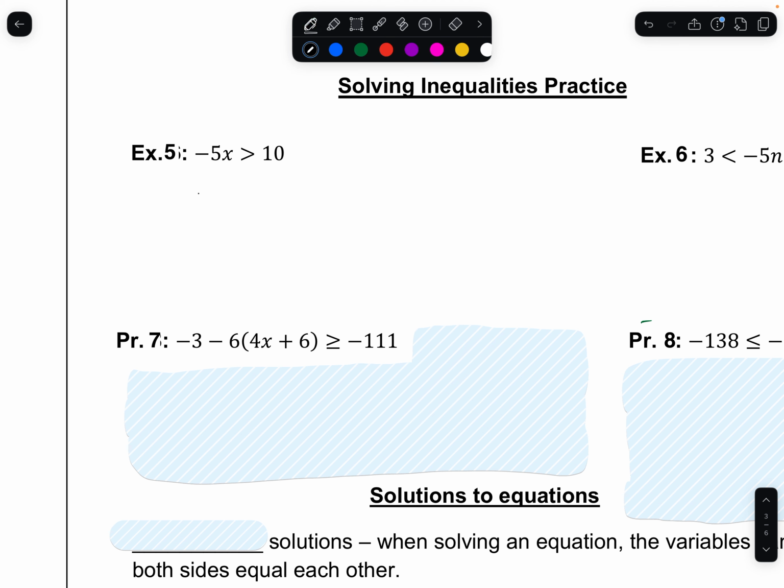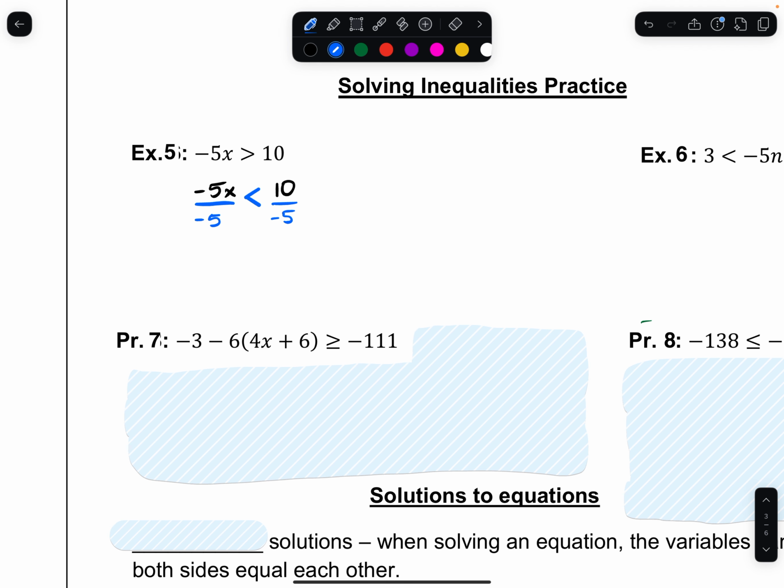So I'm going to rewrite the left side of my inequality, rewrite the right side of my inequality, but I'm not going to draw the greater than symbol. I'm going to divide both sides by negative 5. And because I'm dividing by a negative, the direction of my inequality has to change. So that greater than symbol becomes a less than symbol.